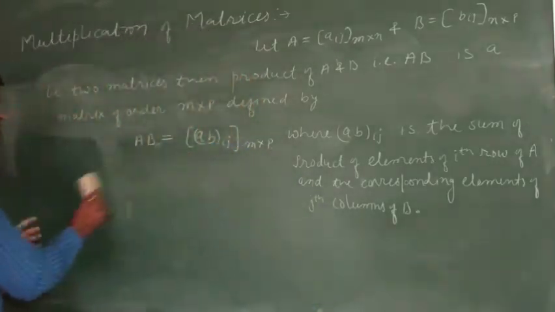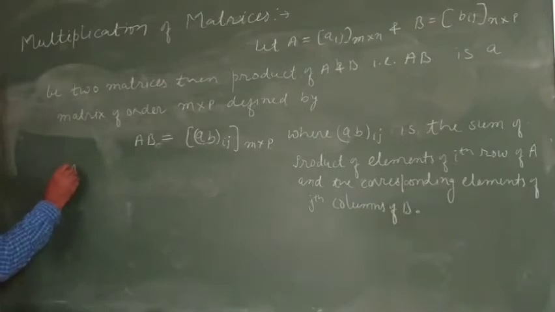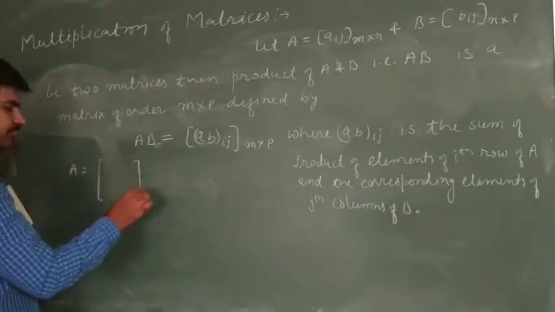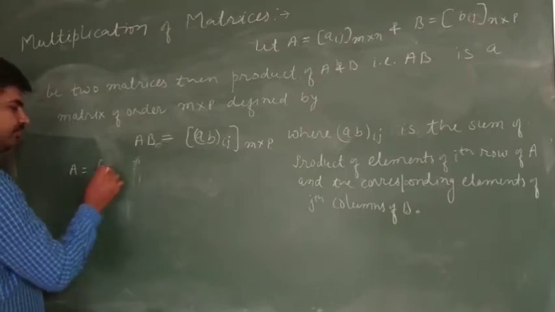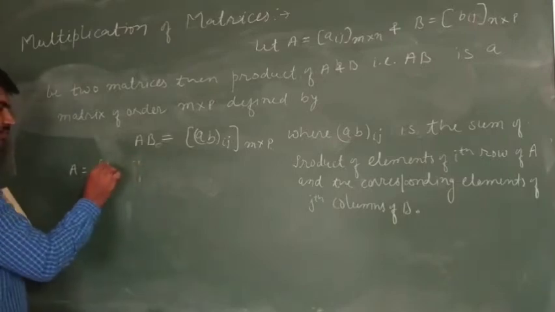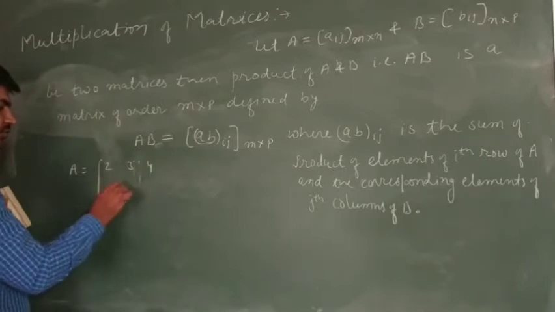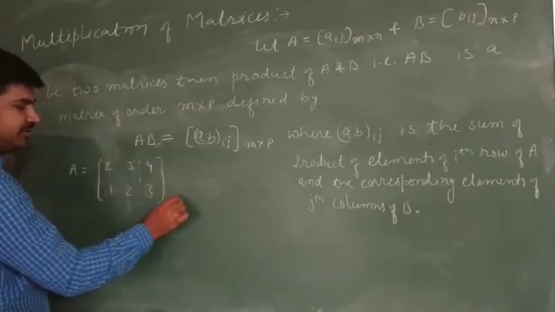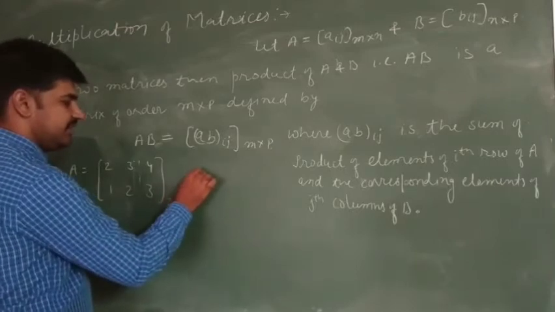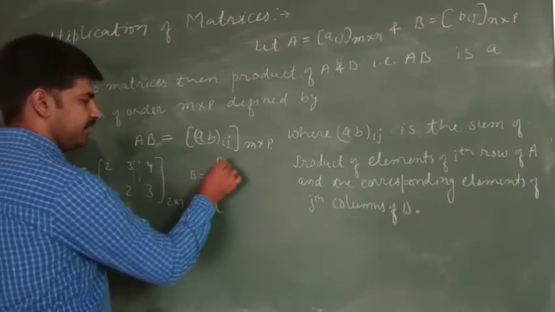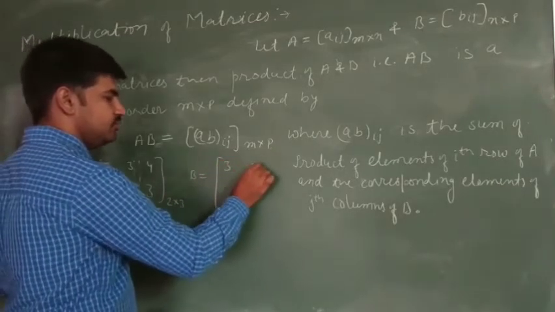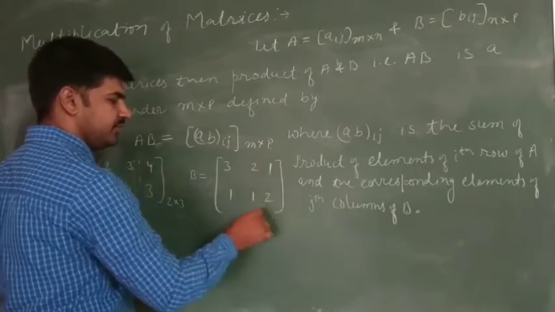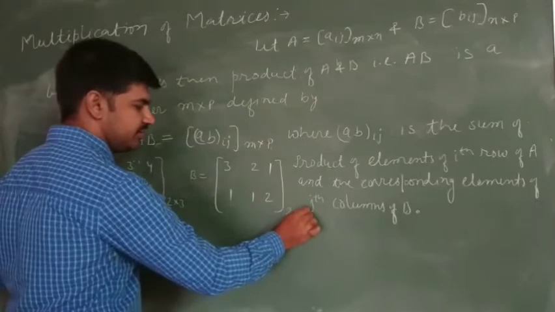Students, I am taking a matrix A whose order I am writing. Suppose I am writing a matrix first 2 3 4 1 2 3. The order of the matrix is 2 by 3. Here another matrix I am taking, B, and it is 3 2 1 1 1 2, and the order of this matrix is 2 by 3.